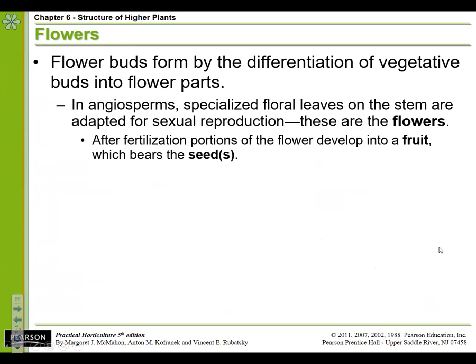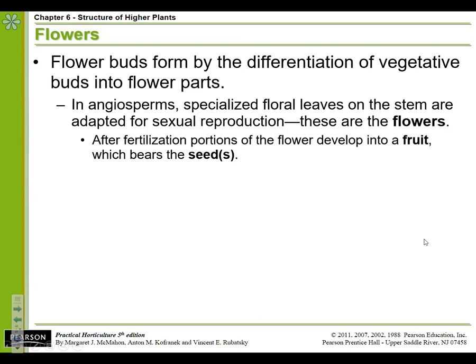So flower buds begin through vegetative production, but of course flowers are the sexual part of the plant for sexual reproduction. So angiosperms, the flowering plants, we have all kinds of different plant parts that are involved in the flower. And they're adapted for different reasons.